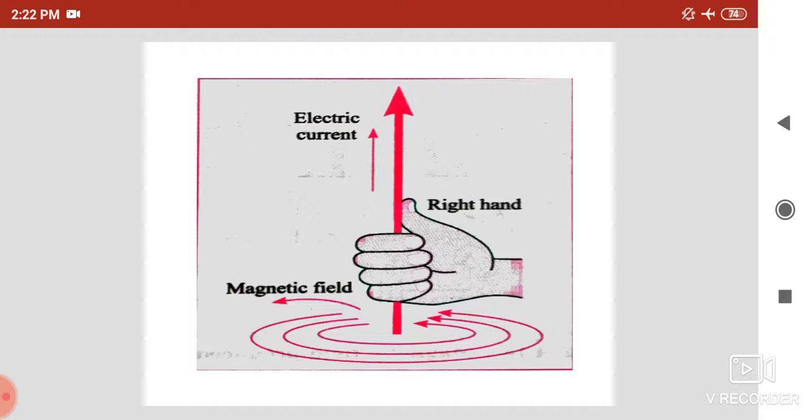It is observed that when the current is passed through the wire, the thumb shows the direction of the current while the curled fingers show the direction of the magnetic lines of force produced around the wire. This is called the right hand thumb rule.